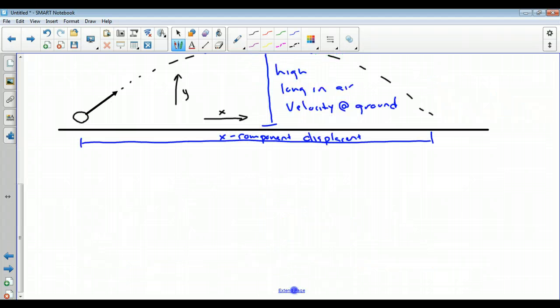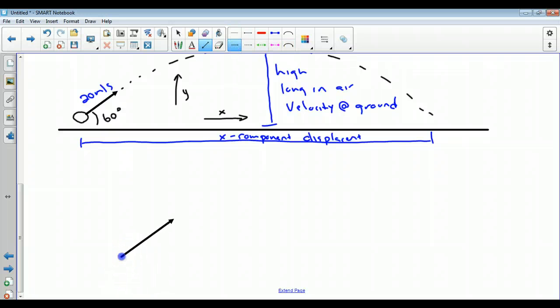And so we think about it the same way. If this is 20 meters per second, which is pretty fast for a ball being kicked, but that's all right. We'll assume that I can kick very strongly. And we have an angle of 60 degrees here. That means that we again have a nice right triangle where we have a hypotenuse of 20 meters per second, and we are looking to resolve our x components and our y components.